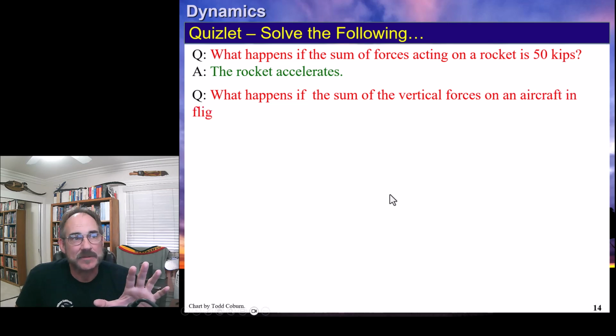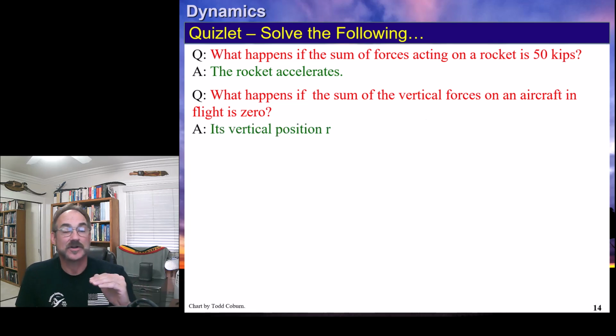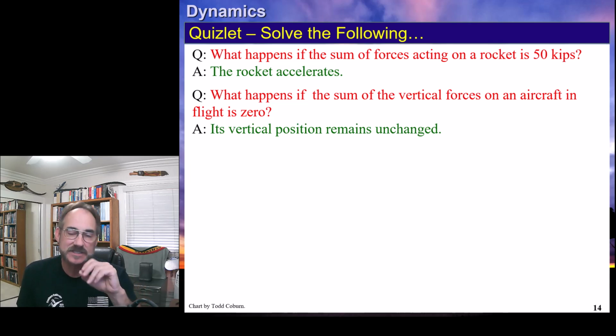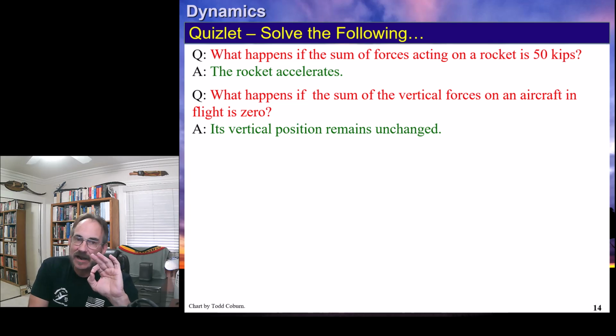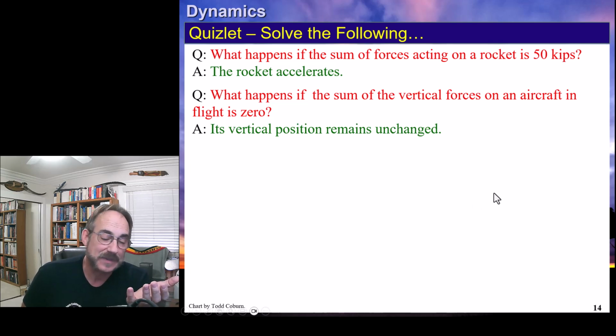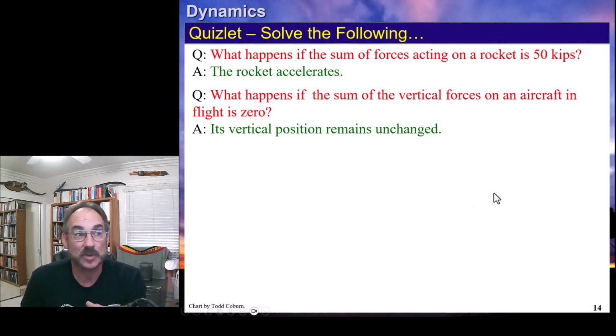How about if the sum of the vertical forces on an aircraft is 0? Is that aircraft going to drop? No. Its vertical position will remain unchanged because the sum of the forces is 0. Remember, the reason an aircraft falls to the ground without some kind of lift force pulling it away is because the net force is actually pulling toward the ground.